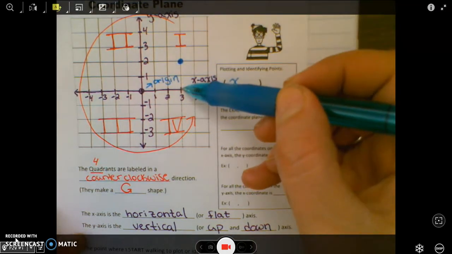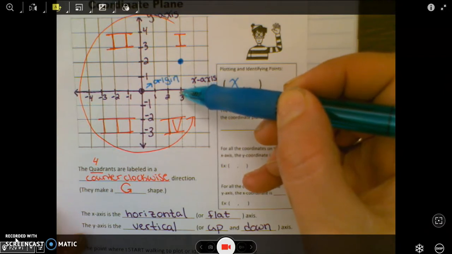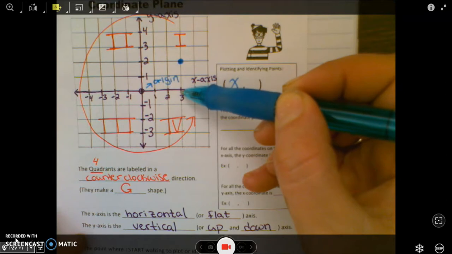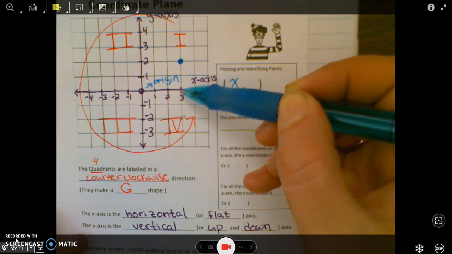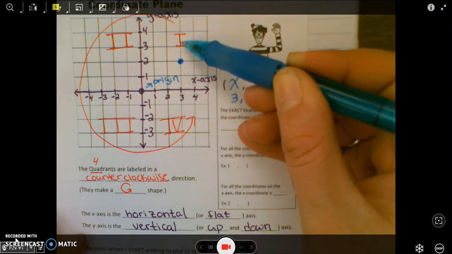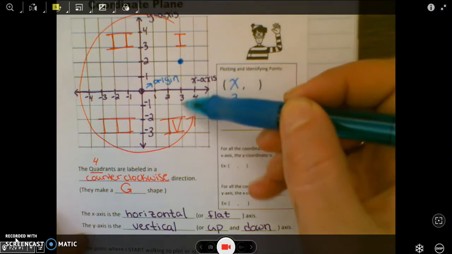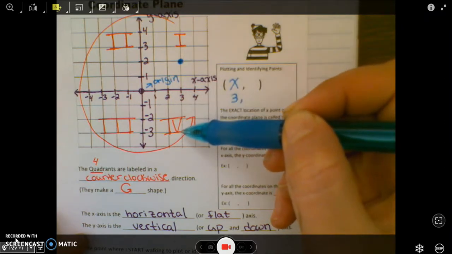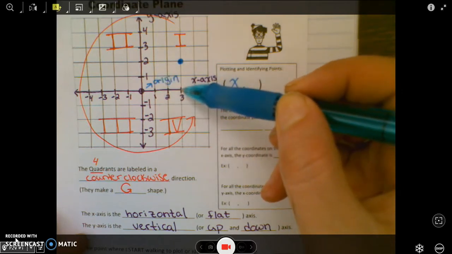Now, this is where I've left off. I'm on the 3 on the x-axis. Now, my point is not on that x-axis. It is actually above it. So I have another number I have to list to let me know how far above or below that axis I have to go. My numbers above the axis are positive, and my numbers below the axis are negative. So here I am. I've left off at the 3 on this line, on the x-axis.